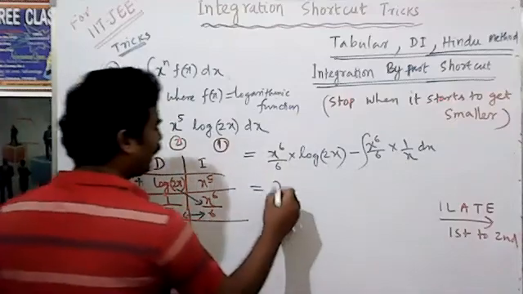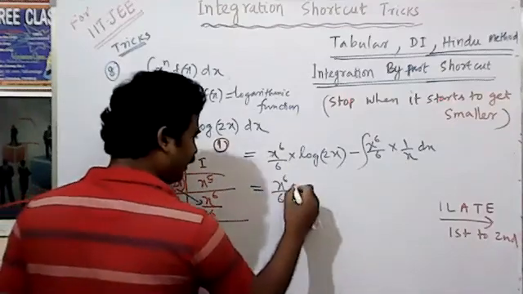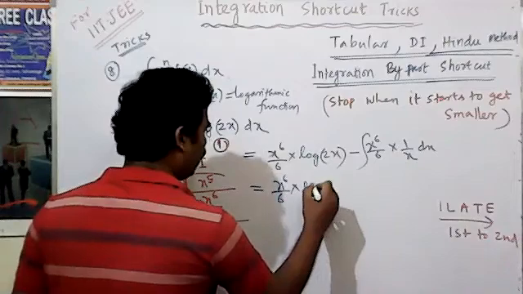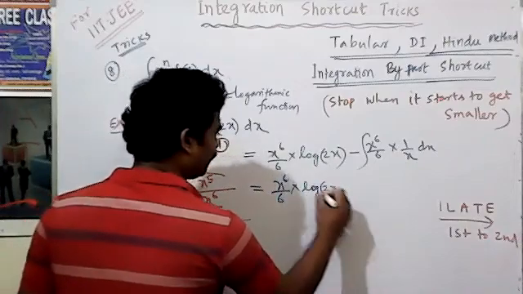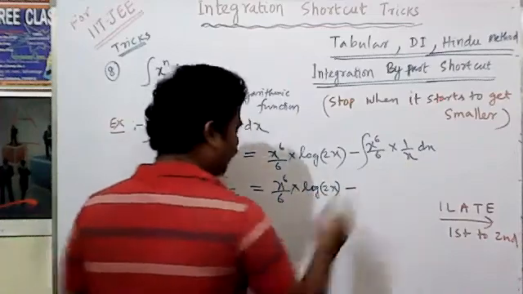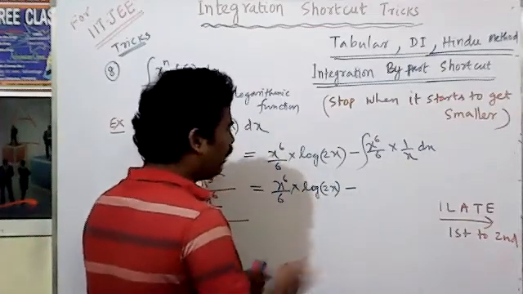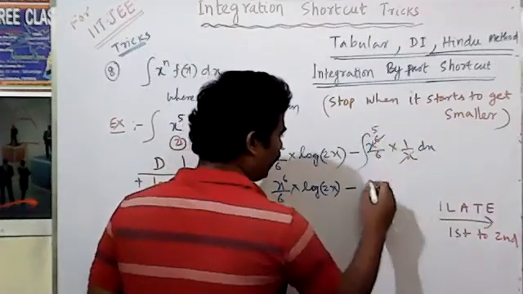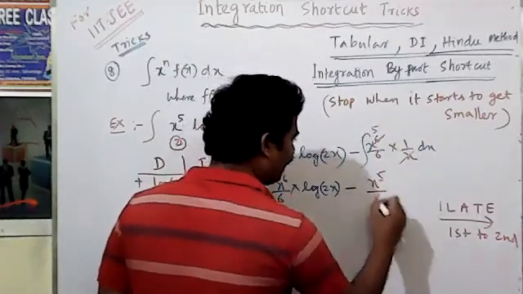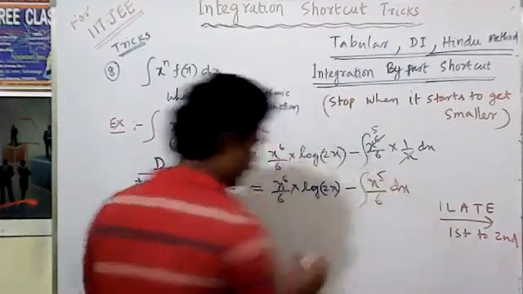Now this value is x to the power 6 by 6 into log 2x minus, here cutting is there, after cutting it is 5, so x to the power 5 by 6 dx it comes.